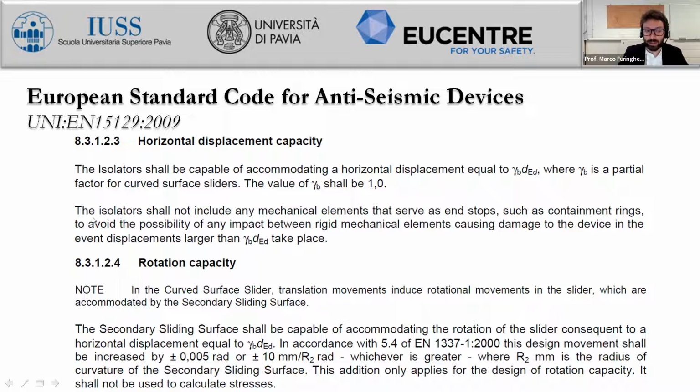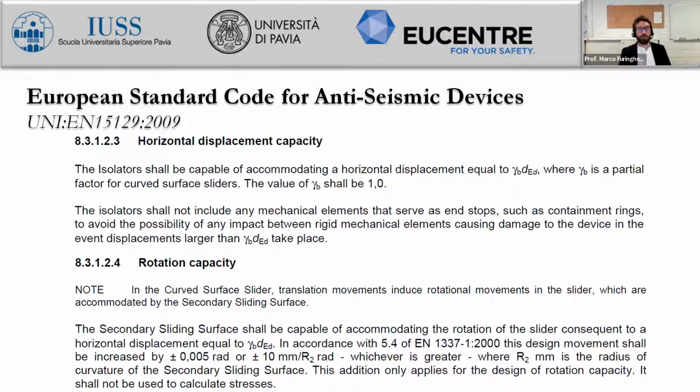There is this sentence: the isolator shall not include any mechanical elements that serve as end stops, such as containment rings, to avoid the possibility of any impact between rigid mechanical elements causing damage to the device in the event the displacements larger than the amplified displacement take place.